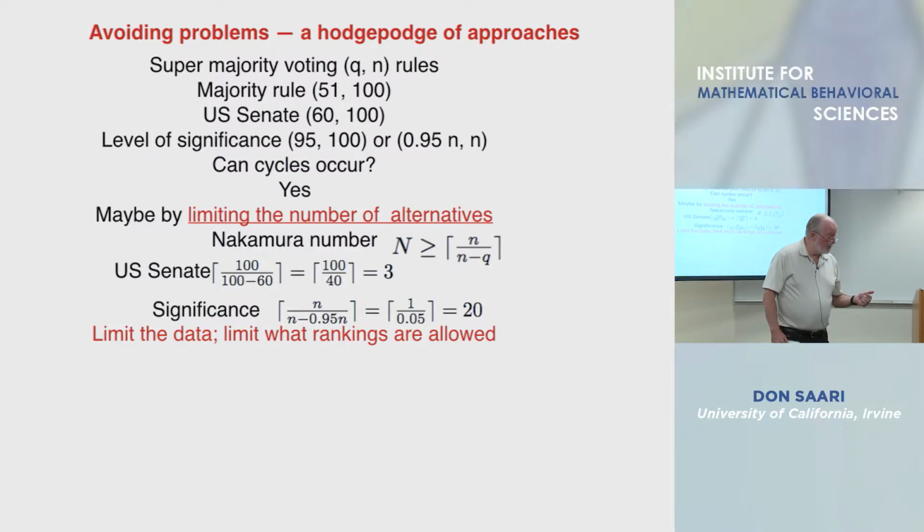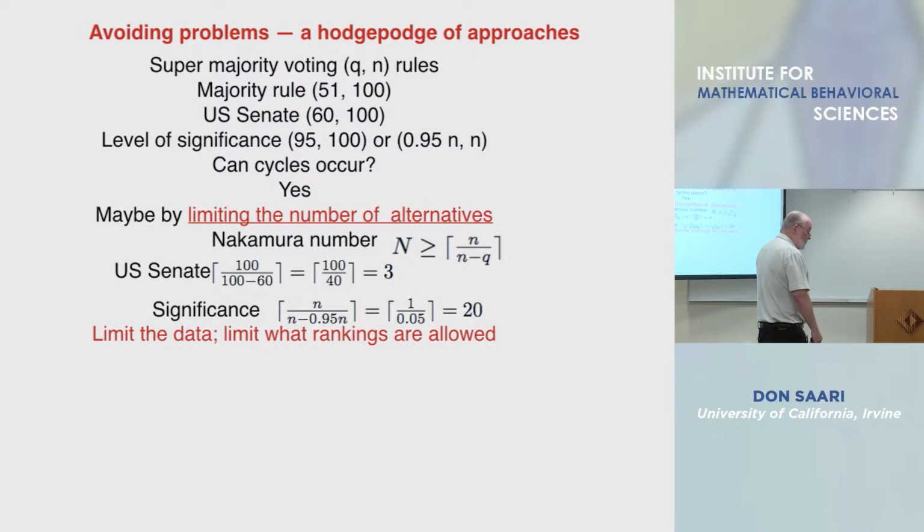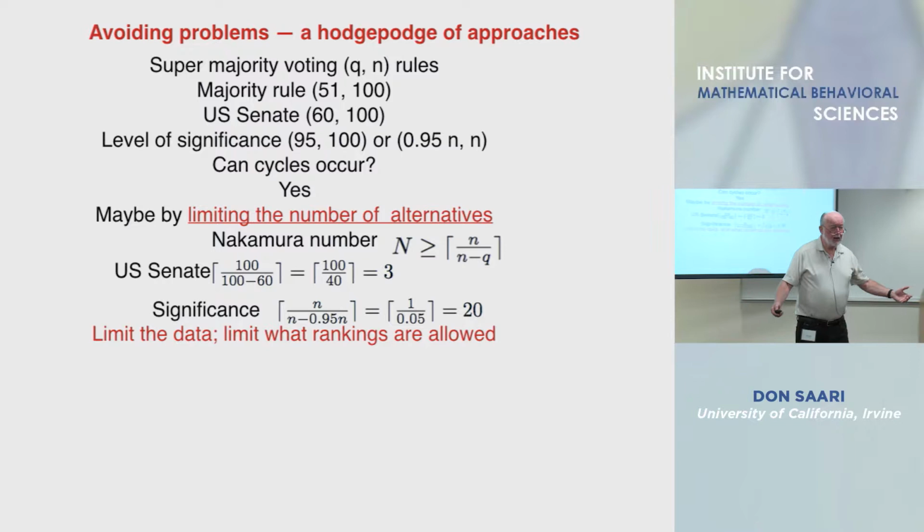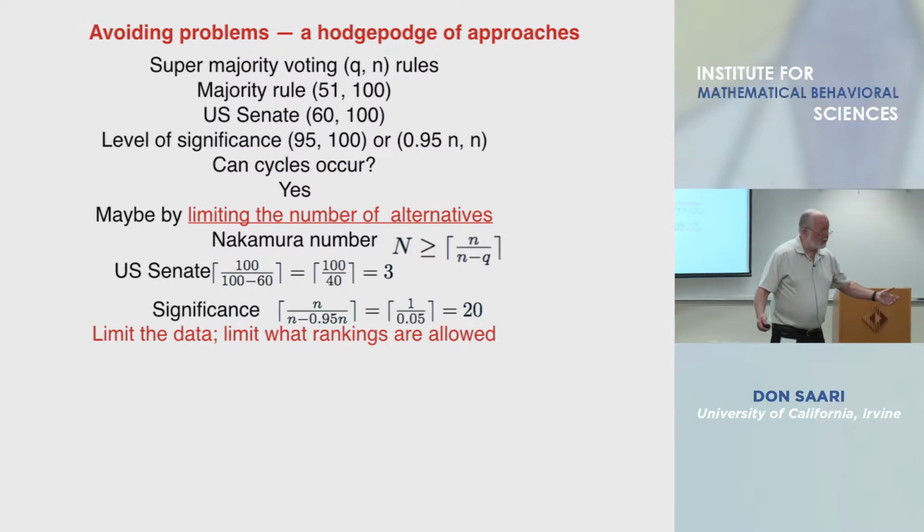Exactly. Both of these are forcing transitivity type things. And so if we can limit the data, if the data doesn't have certain types of rankings, then maybe paired comparisons won't cause cycles.